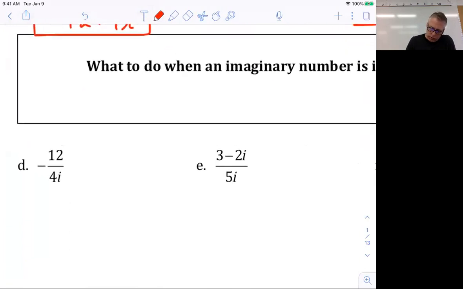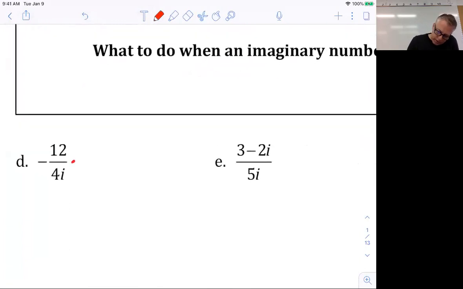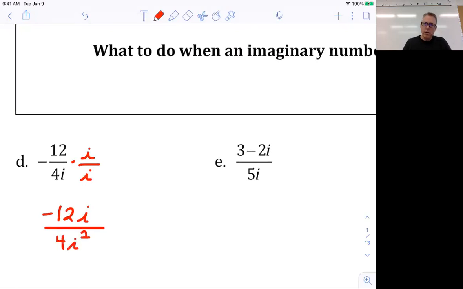Well, what I could do is multiply the top and bottom by i. I could multiply by 4i also, but it's easier just to multiply by i because watch what happens. The top gives us negative 12i, and the bottom is 4i squared.